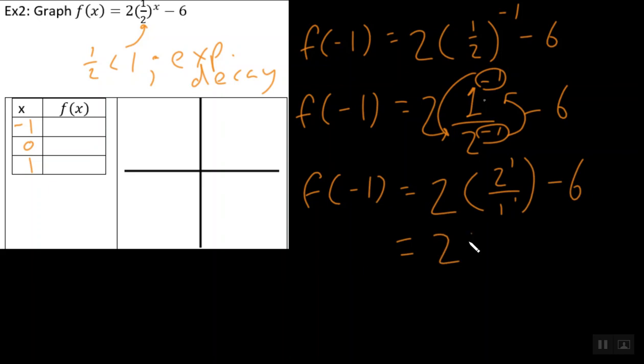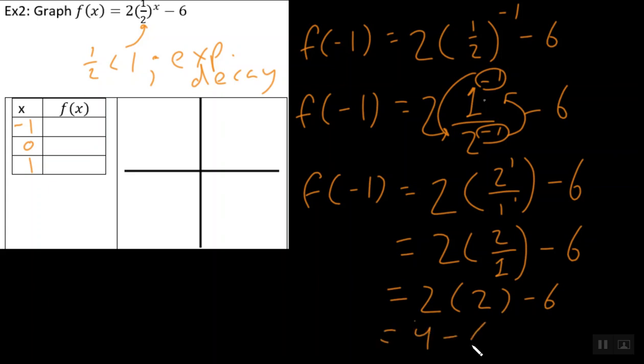Well, 2 to the power of 1 is just 2, 1 to the power of 1 is just 1 minus 6. And what is 2 divided by 1? Well, 2 divided by 1 is simply 2 minus 6. I see that I have 2 times 2, which is 4 minus 6, which is, of course, -2. So -1, comma, -2. I go to the left 1 and down 1, 2, and put my very first point.